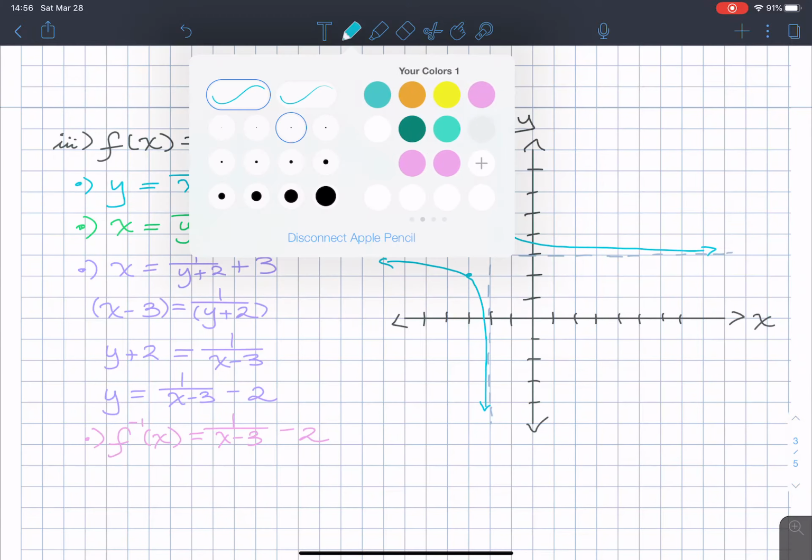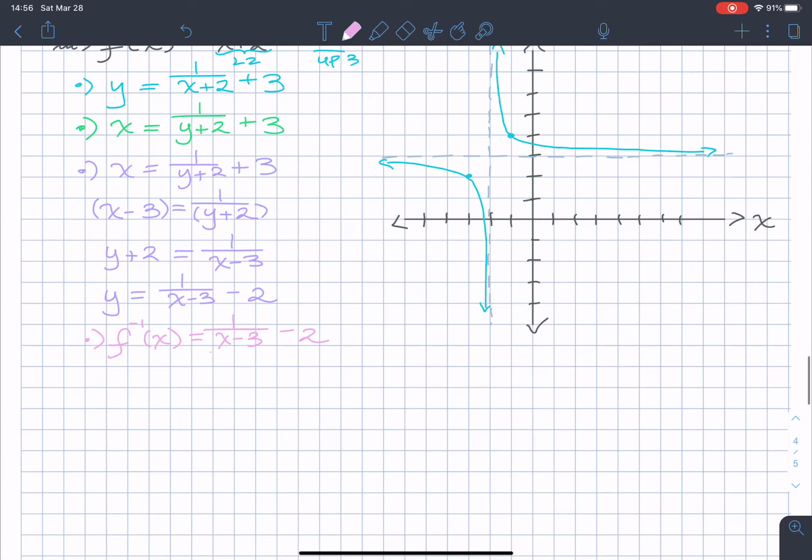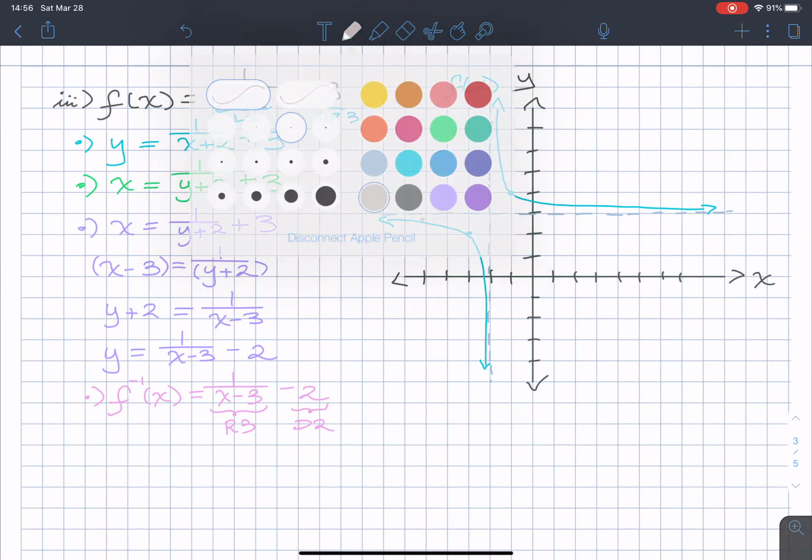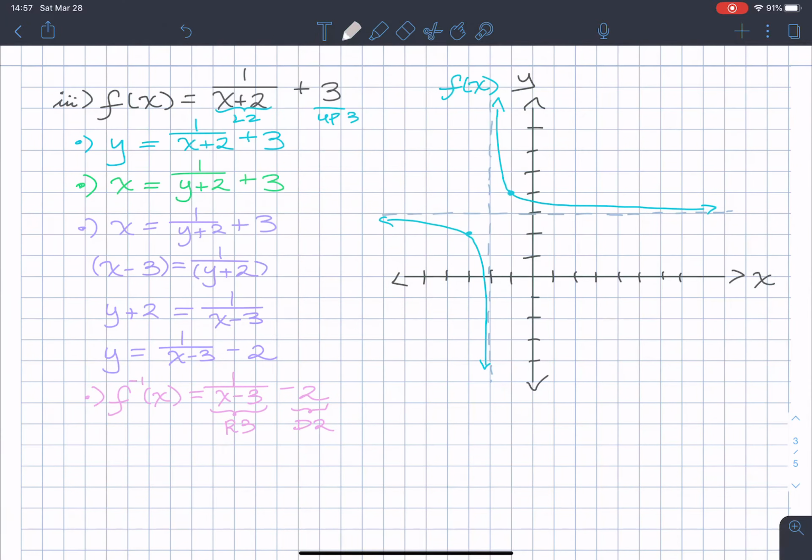Now let's plot f inverse of x. So notice this is right 3 and down 2. So what does that mean? That means that my asymptote's going to go right 3 and down 2. That would be the origin point for this. And of course I'm at the points 1, comma 1.